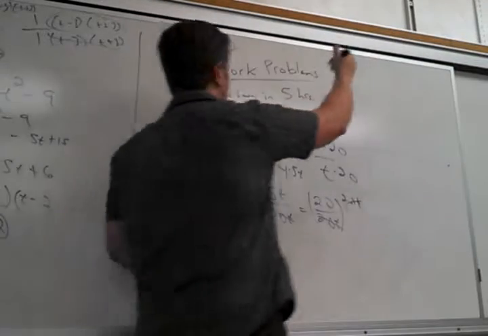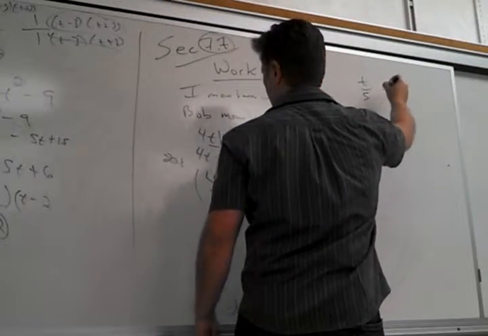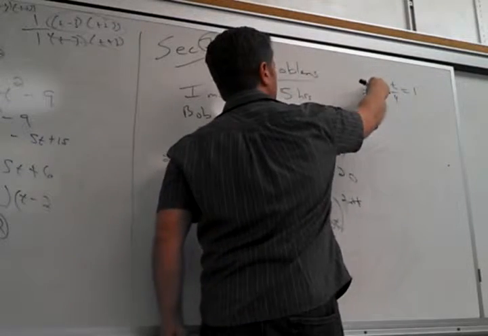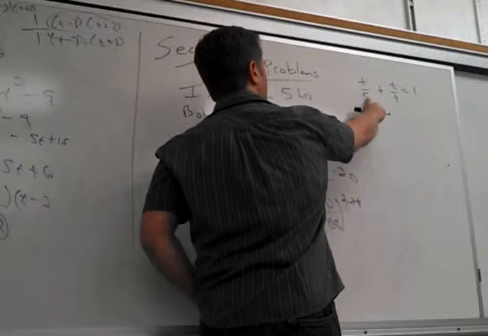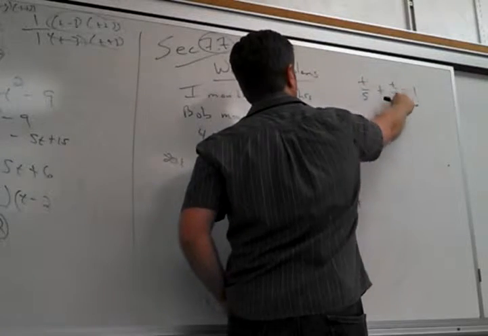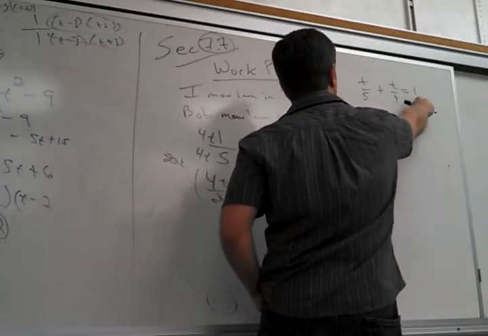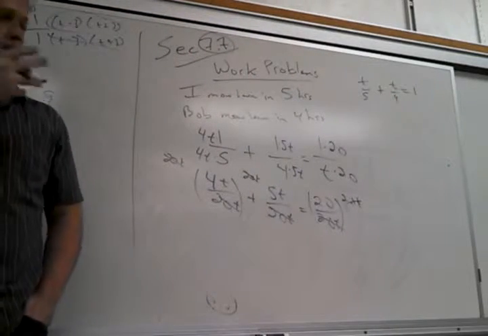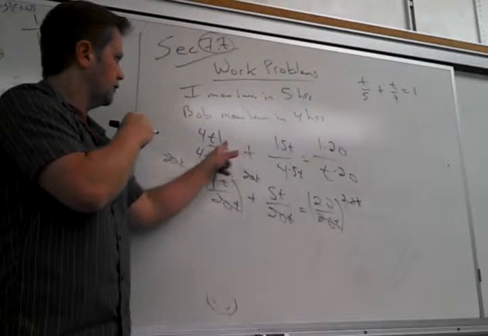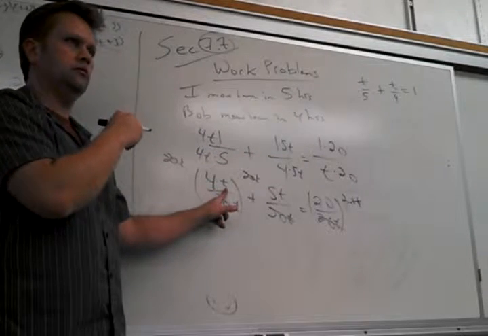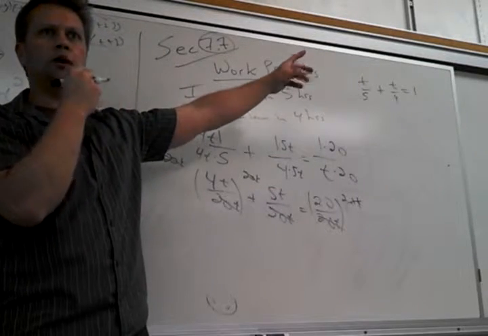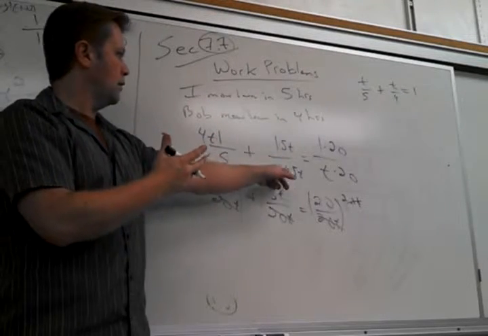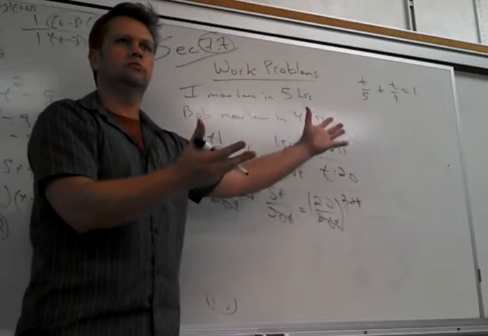The book says this is the percentage of the time that I take to mow the lawn, plus the percentage of the time he takes to mow the lawn, would equal 1 lawn mowed. They both end up in the same place, with the t's. I like this one because it's just 1 in this many plus 1 in that many is 1 in, I don't know, together.